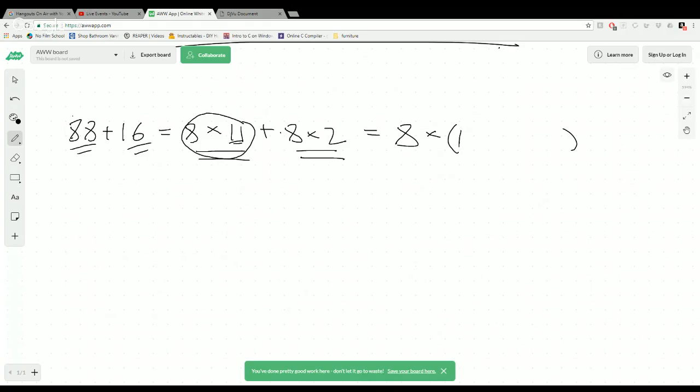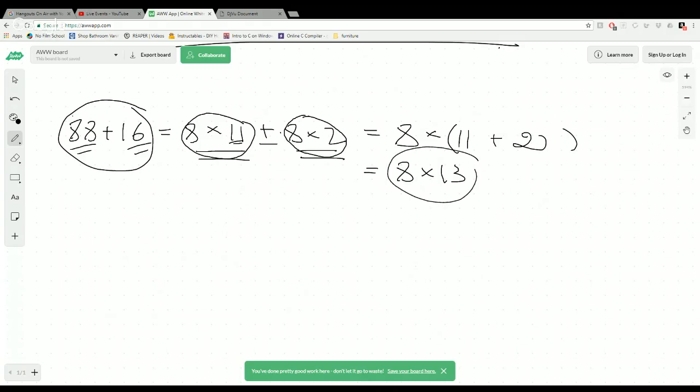Plus, what is left in the second group after I take out the 8? The 2. And so now I have 8 times 13. Okay. Now, which one of these two computations is actually easier? I'll leave that up to you, but I definitely wanted to show you the distributive property here.